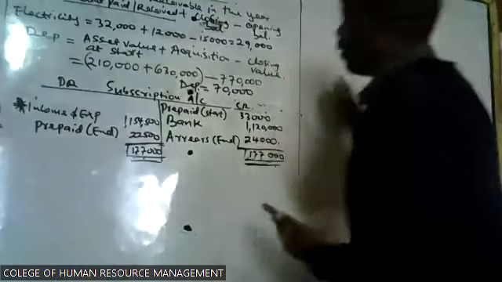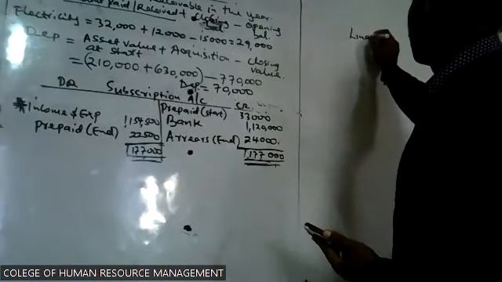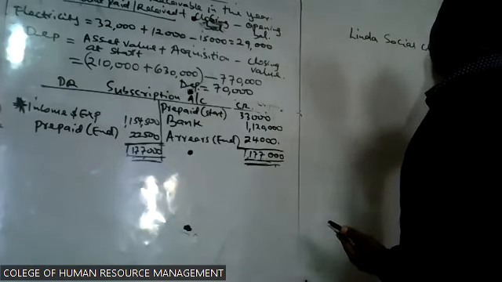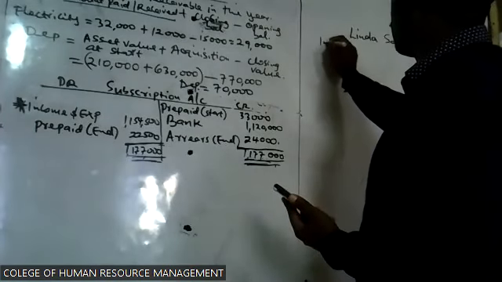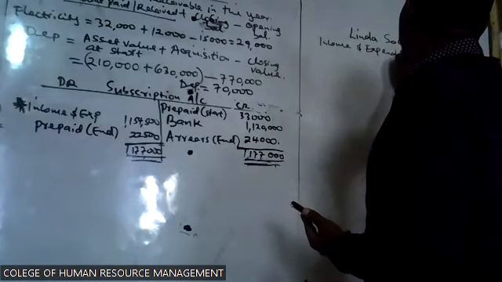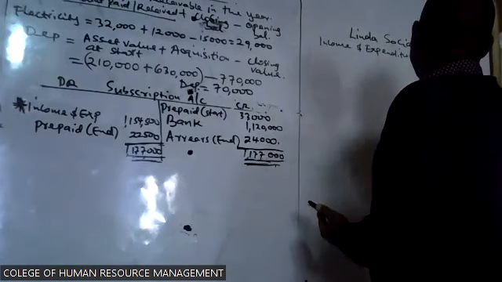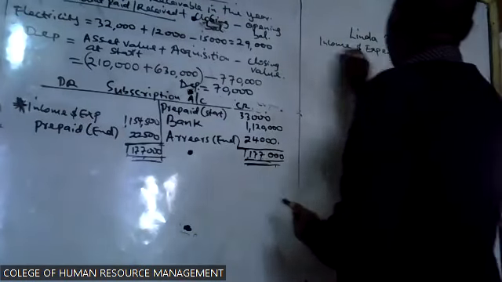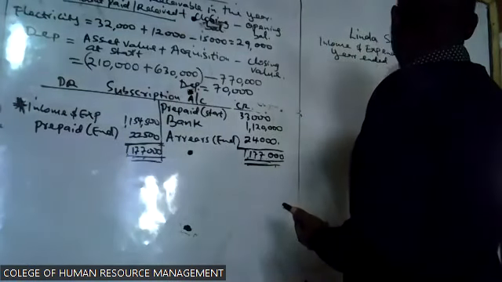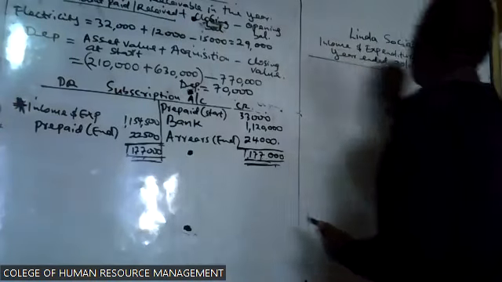The receipt and payment. This one is simple also. Once you have these figures, let us say, this is the income and expenditure account for the year ended December 2021.